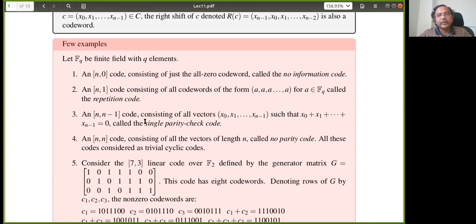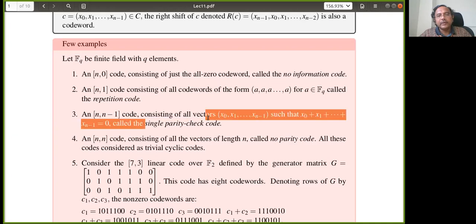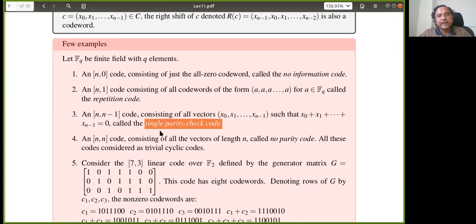Those who are following the notes can understand that example. You can recall now: I told that the Singleton bound holds with equality if I take my generator matrix as identity first, then the last column as all ones. There I proved that n is exactly k plus 1. Those who remember that will understand here.